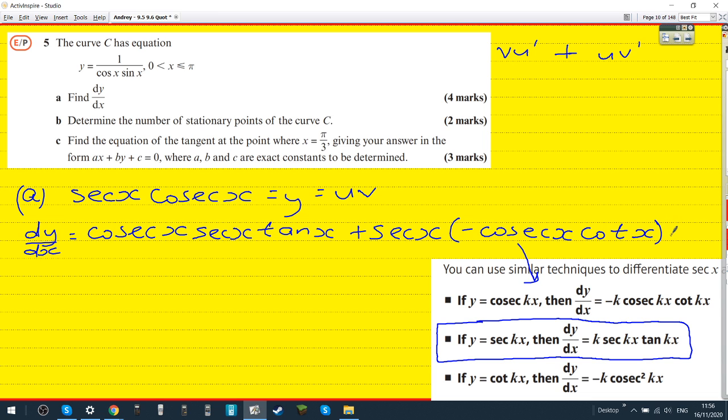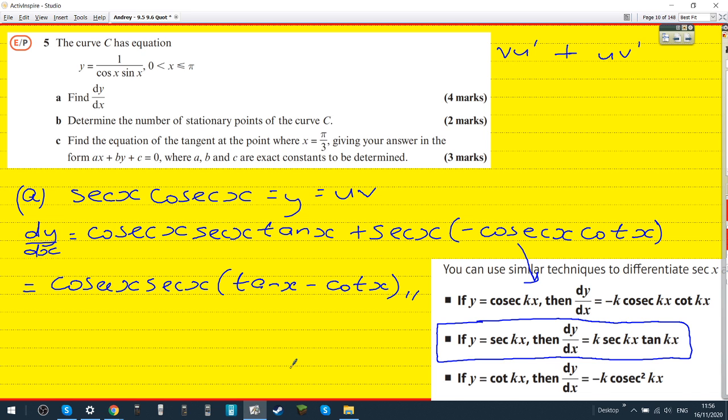Yeah, that's it. Let's see, cosec x. You could factor and stuff, but don't know. Is it even necessary? Let's factorize. cosec x sec x, and you get tan x minus cot x. So that's, we have the fewest number of x's.